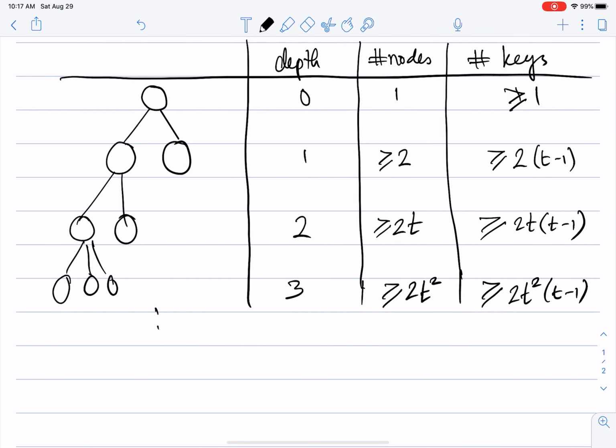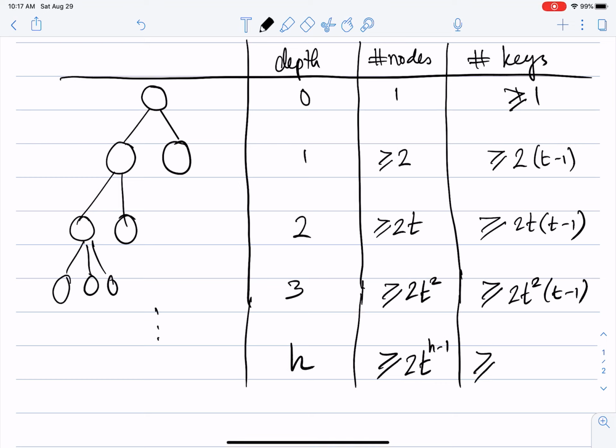And we can repeat now, and talk about nodes at depth h, which is the height of the tree. We will have at least 2t to the h minus 1 nodes here, and each one of them will have at least t minus 1 keys. Therefore, we have at least 2t to the h minus 1 times t minus 1 keys.